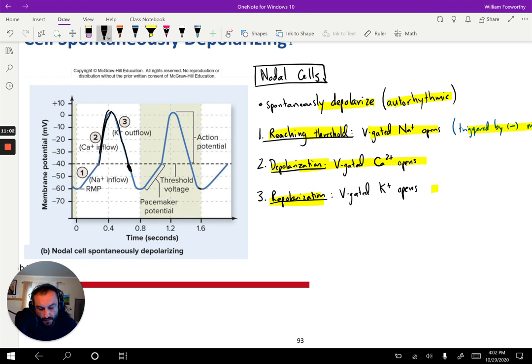Well, I said at the beginning that my voltage-gated sodium channels are triggered to open by this negative membrane potential. So here potassium is still leaving, and now my voltage-gated sodium channels are open, because of that negative membrane potential. And so this is going to occur in a cyclical way over and over and over, going from resting membrane potential to positive and all the way back.